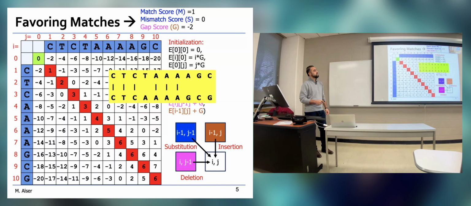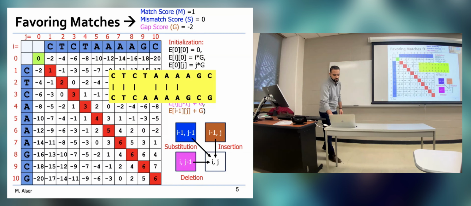And this was an example of how we can favor matches over gaps. We can see the difference between this and the previous example, where we now have the entire alignment on the main diagonal. We don't have any detour or changing the path from one diagonal to another.